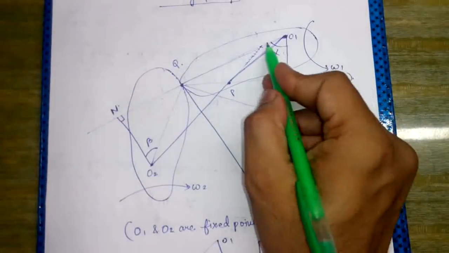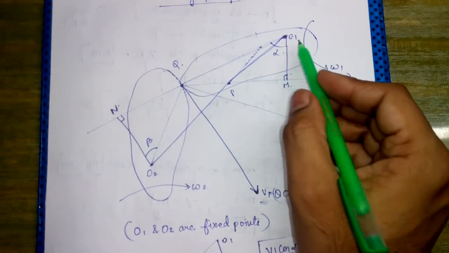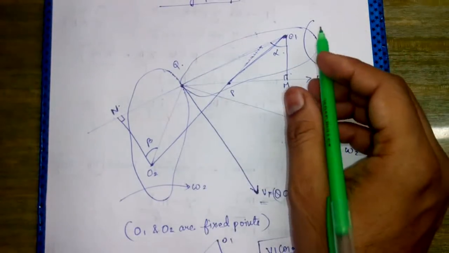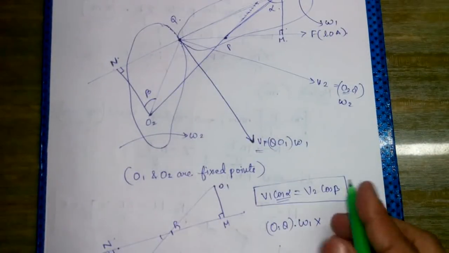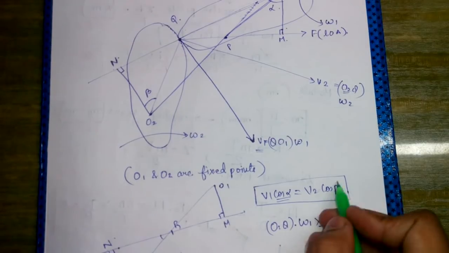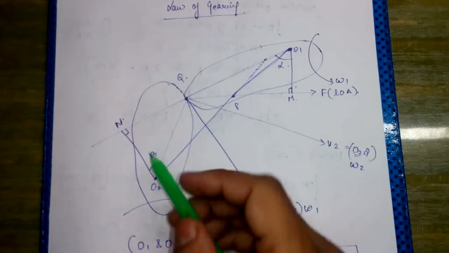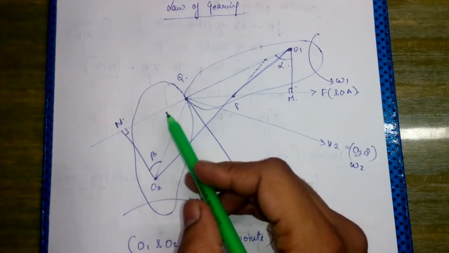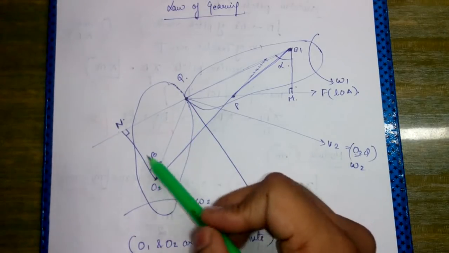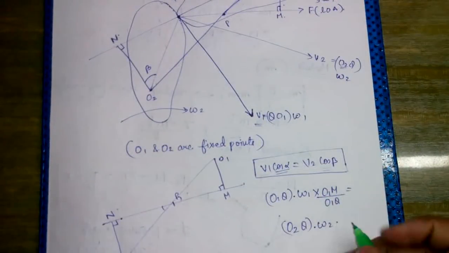The value of cos alpha from this diagram would be O1M upon O1Q, base upon hypotenuse. So this would be O1M upon O1Q, and this is equal to the value of V2, O2Q into omega 2, multiplied by cos beta. In this triangle, cos beta is equal to O2N upon O2Q, that is base upon hypotenuse.